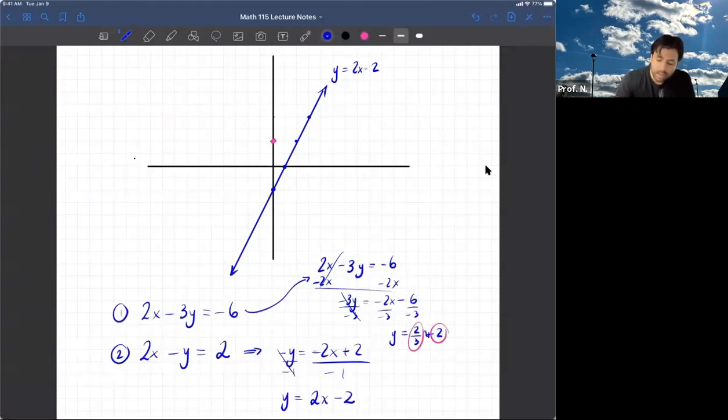Sorry, there should be an x here. My slope is 2/3, so I move up by 2 over 3, up by 2 over 3. And then I have this one here. Let me try that again.